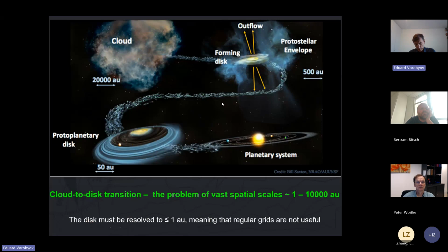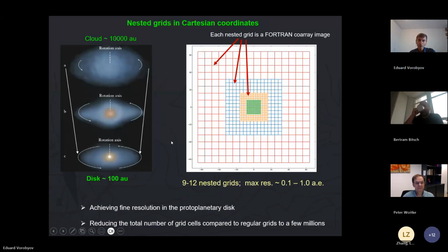That is difficult to handle. Usually people just introduce a sink cell, a spherical sink cell there, but that also introduces a problem with the inner boundary.